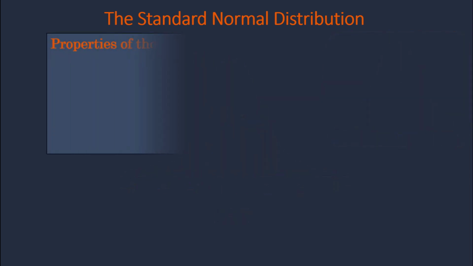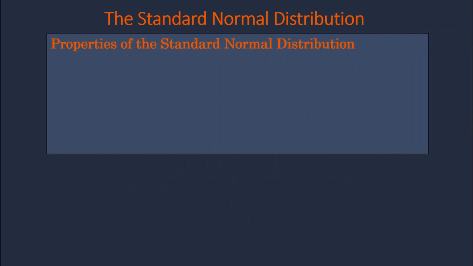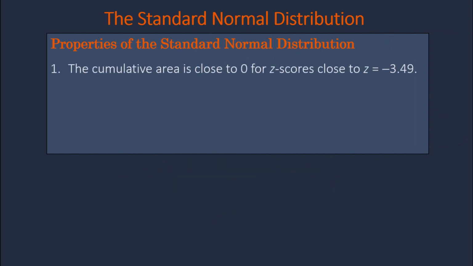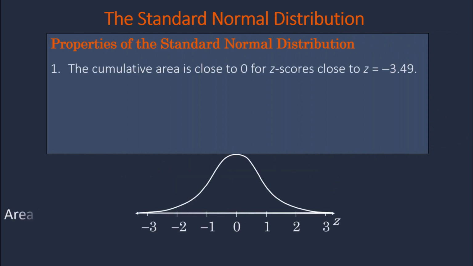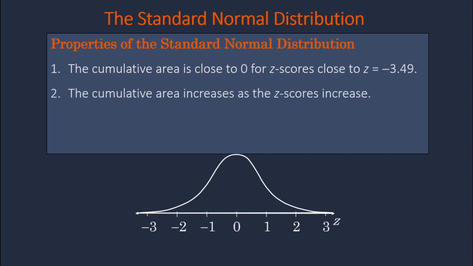Now let me talk about some properties of this one. The cumulative area is close to 0 for z-scores close to negative 3.49. The cumulative area increases as the z-scores increase. As you see here, the z-values increase on the horizontal axis from left to right.